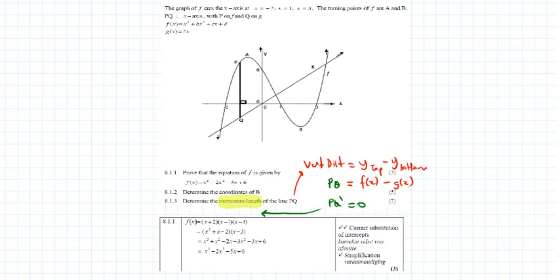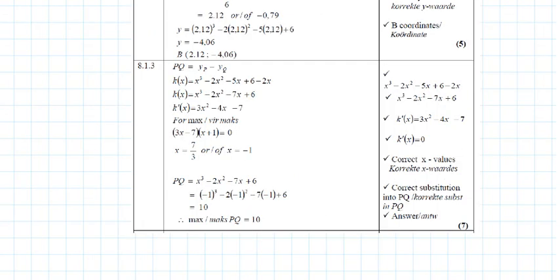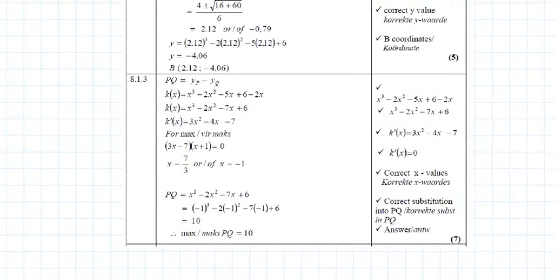Okay, so let's just look at 8.3.1. As you see, we defined a PQ function. It is f of x minus g of x, so that's the difference function. So once you get it, the derivative of this function should be 0. See, that's the derivative of the distance function. So you equate it to 0, and the solutions will give us the possible conditions when you get the maximum distance.